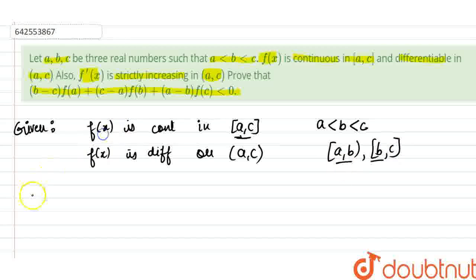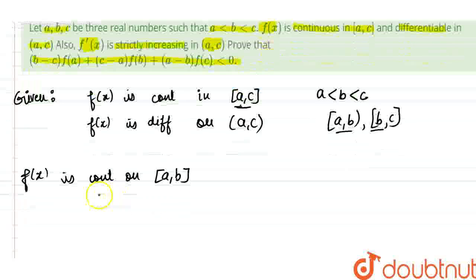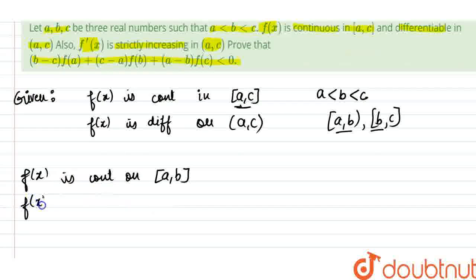So the function f of x must also be continuous on the a to b interval. Also f of x should be differentiable on the interval from a to c. If it is differentiable throughout the interval a to c and b is lying somewhere in between, that means it must be differentiable at that point also.